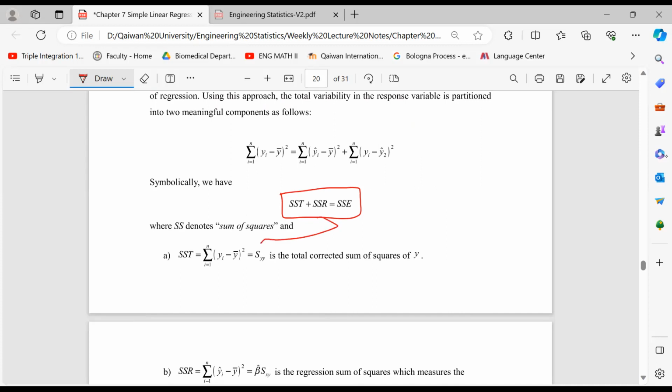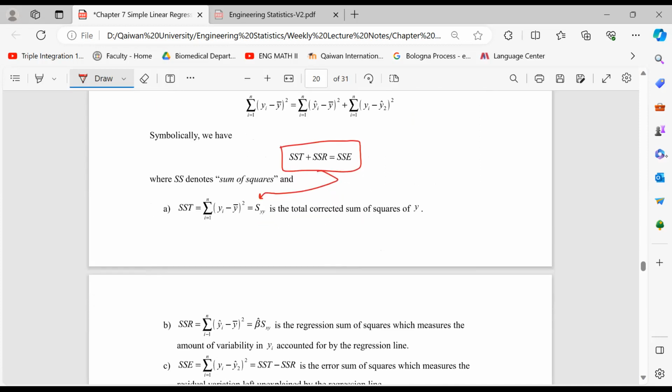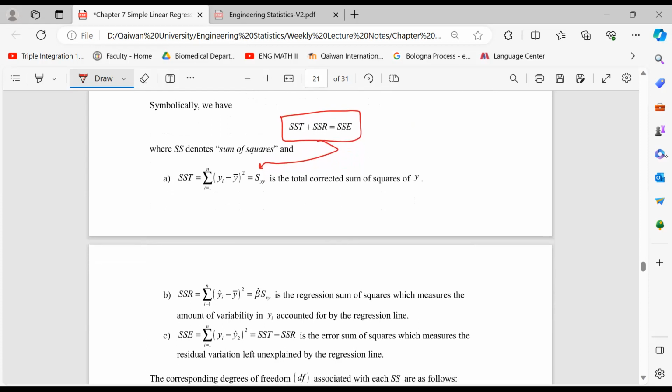To find these, we just depend on S sub xx, S sub yy, and S sub xy. That's all. So through this chapter, it's important to find S sub xx, S sub yy, S sub xy at the beginning. After finding those 3 things, it's easy to find everything, as everything depends on those 3 things.